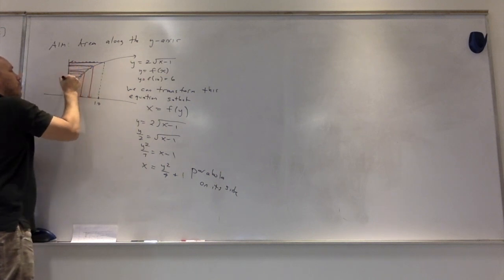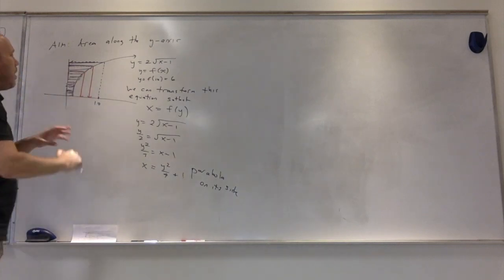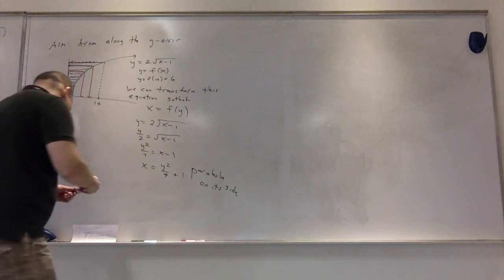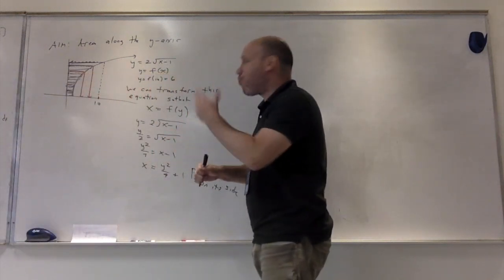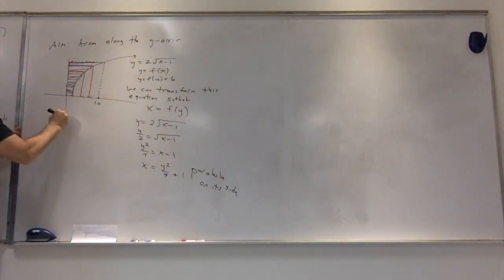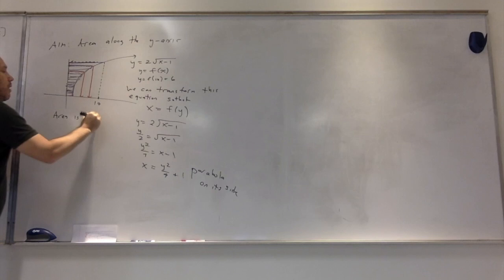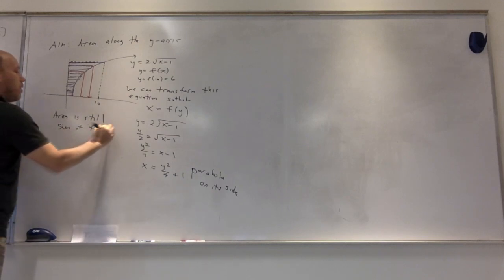So we can find the area of the curve. It's still the sum of the rectangles.